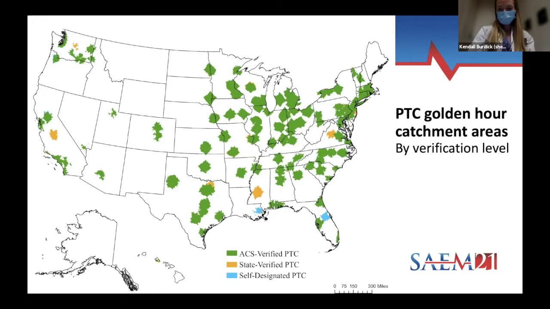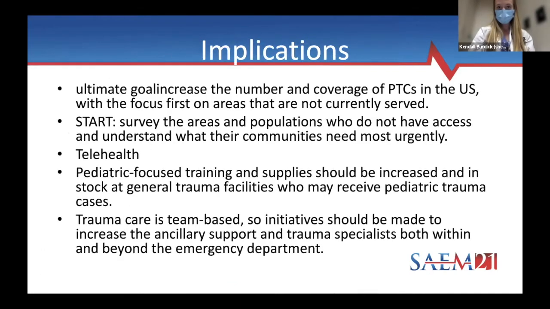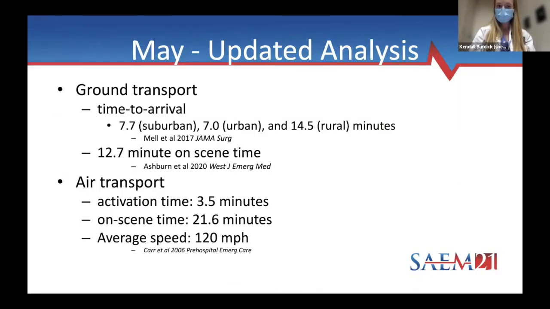So I heard two questions in there. First being the issue of ground transport time to arrival and on-scene time, which is a consideration that we're adding in future analyses. It's my weekend plans. But your second question is interesting about advising for EMS transport. I think if I were to put a priority on implications of this research in terms of policy, it would be we need more trauma centers.